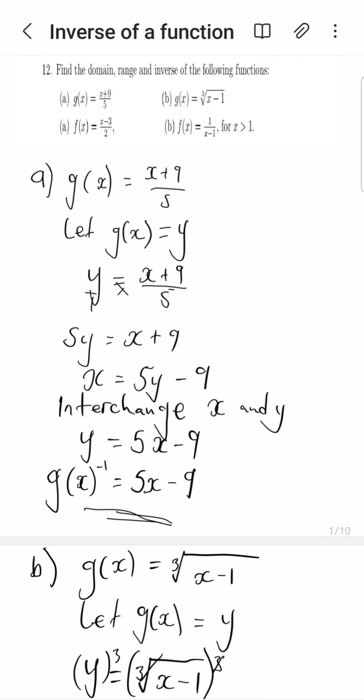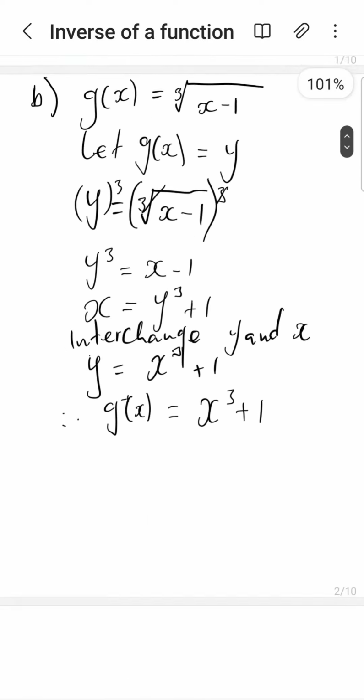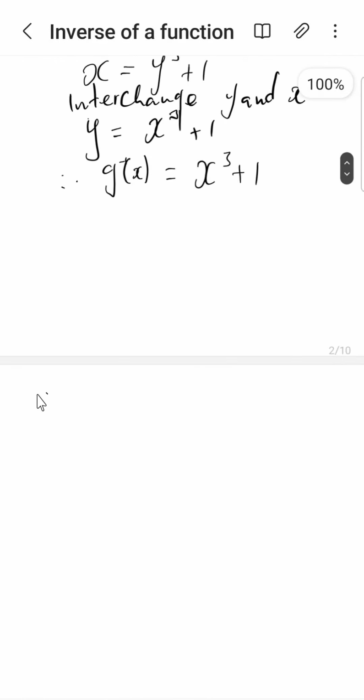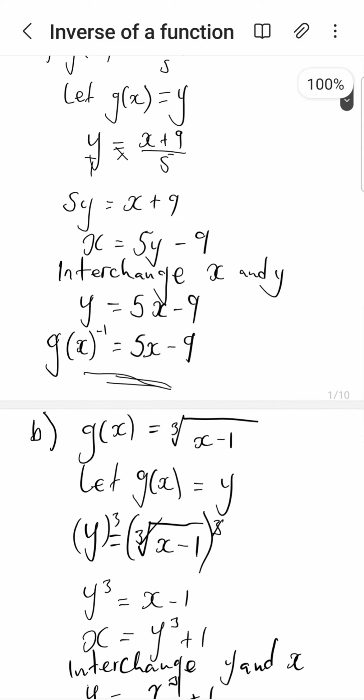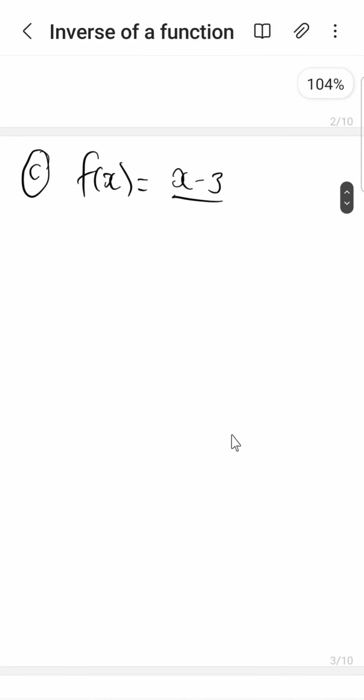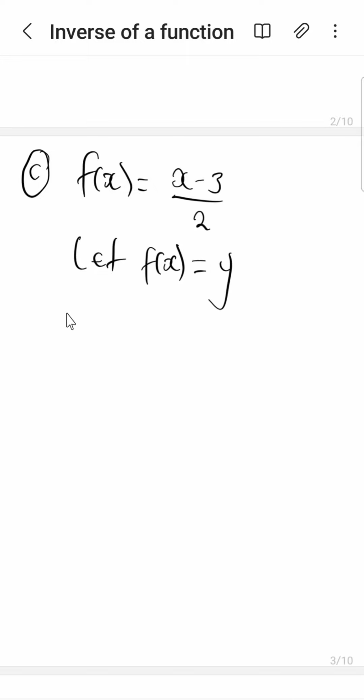We have f of x equals (x minus 3) over 2. Yes, over 2. Okay, simple. Let f of x equal (x minus 3) over 2.